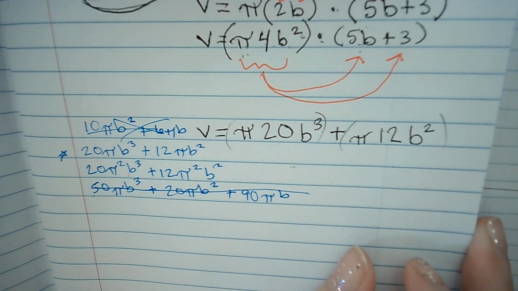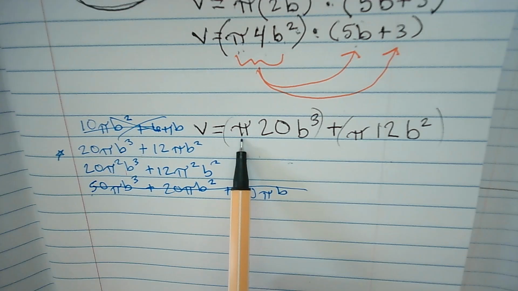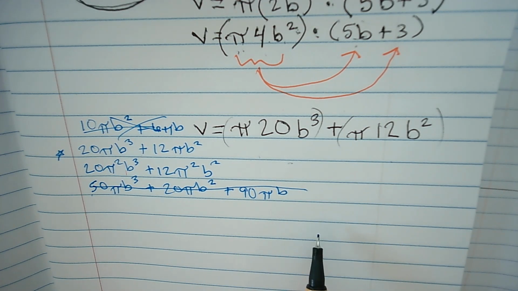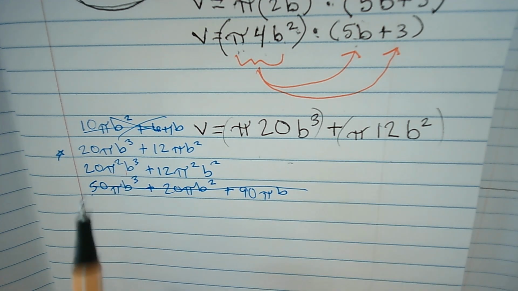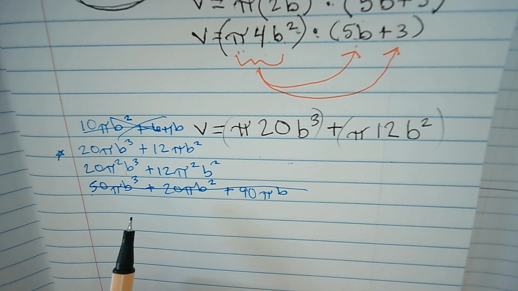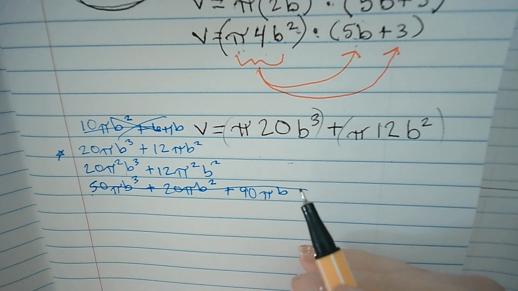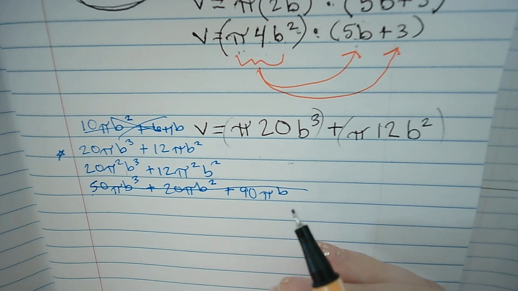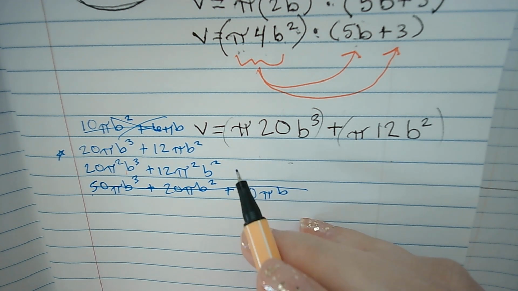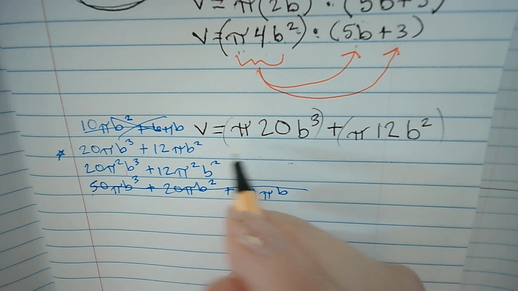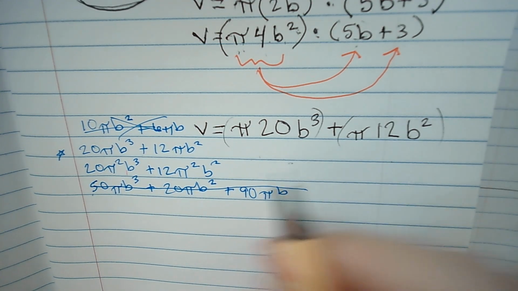Now, we have pi 20 b cubed. This is 20 pi b cubed. Please remember, when we're multiplying variables, it does not matter what order you put them in. 4 times 5 is the same as 5 times 4, right? So pi times 20 will be the same as 20 times pi. So if we rearranged our values here, it would be answer choice B, right?